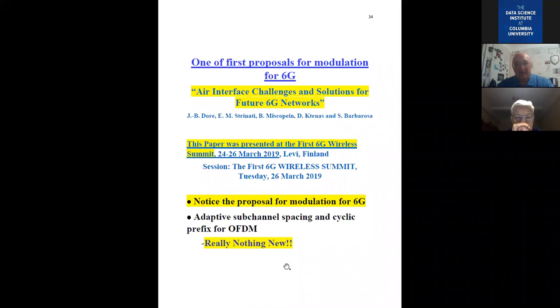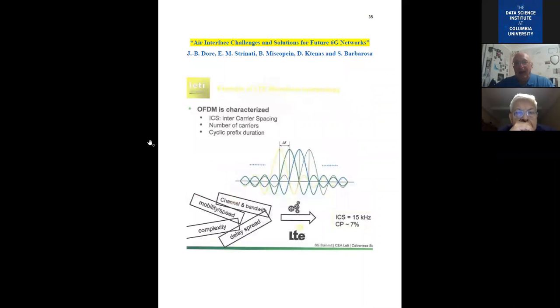So let's continue. One of the first proposals made for modulation for 6G was made in the conference last year. The name of the article is Air Interface Challenges and Solutions for Future 6G Networks. And basically they were proposing OFDM. So let me just show you this again. These are 3 slides that were taken out of that talk.